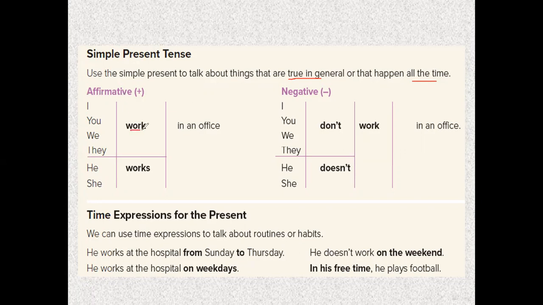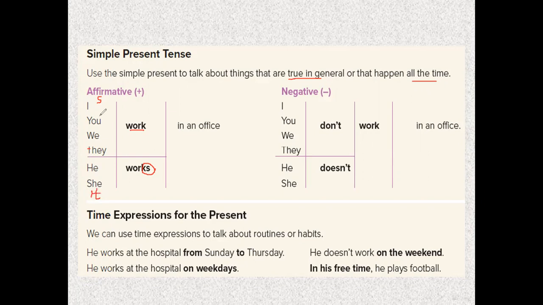We use the base form of the verb for plural subjects like I, you, we, or they, Mona and Hoda, and we add S to the verb if the subject is singular like he, she, or it.